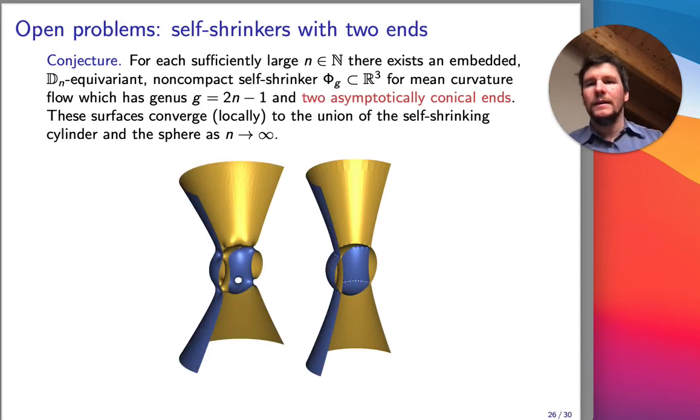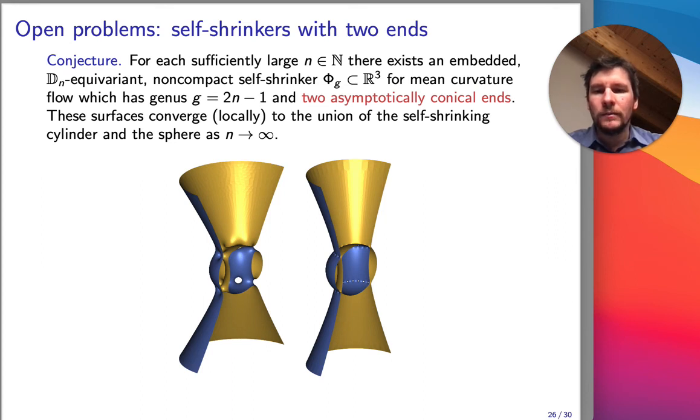So now let me say a little bit something about open problems. We actually conjecture that one could also try to do some desingularization of a cone or, we start with a cylinder, and if you do a min-max or a desingularization approach, it will probably open up to be conical ends.